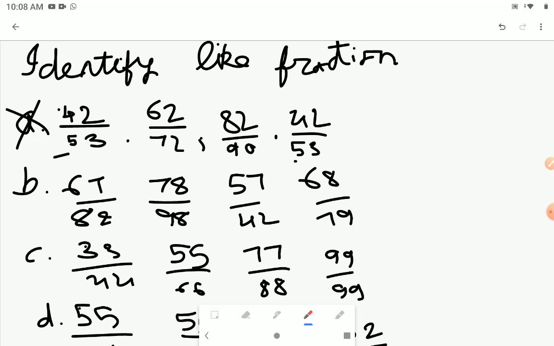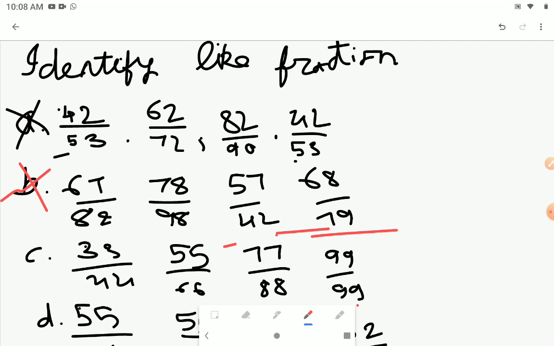Let's say 67 by 82, 78 by 98, 57 by 42, 68 by 79. Here there is an improper fraction, but still they are not correct. So this also can't be our answer. 33 by 44, 55 by 66, 77 by 88, 99 by 99.